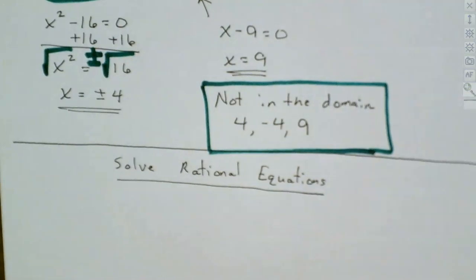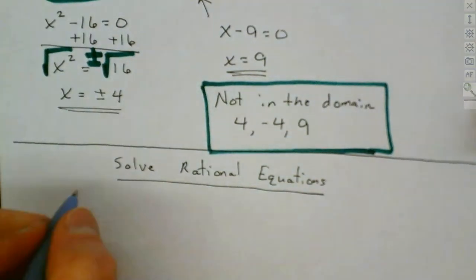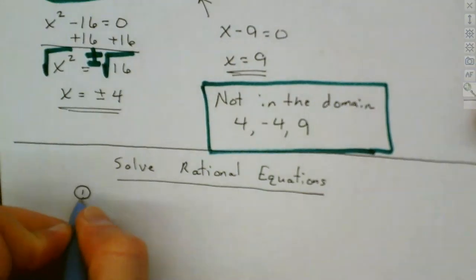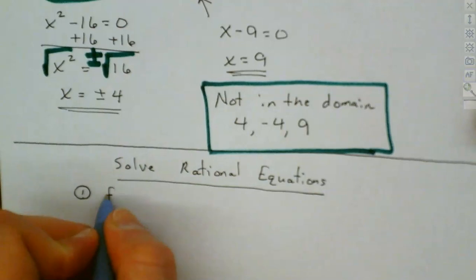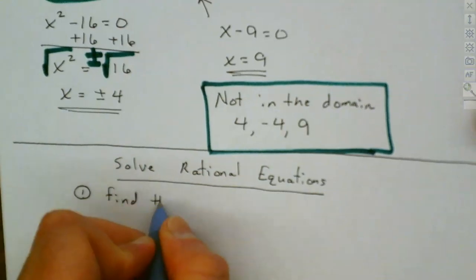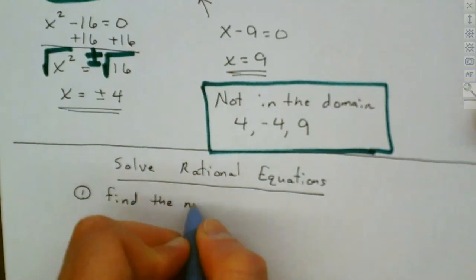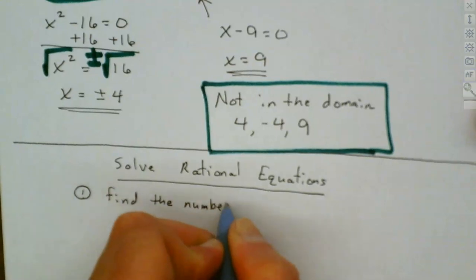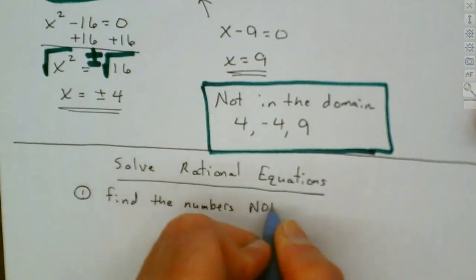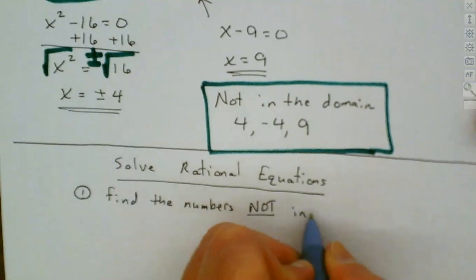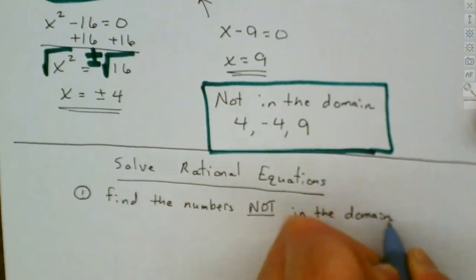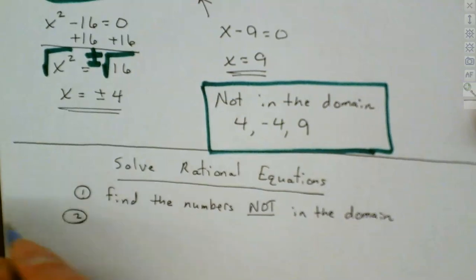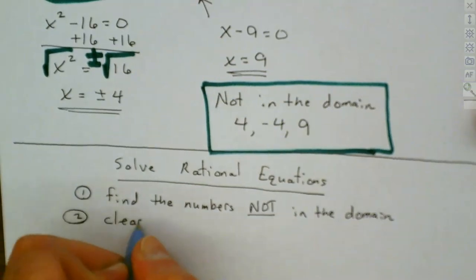And so there is a step-by-step set of directions that we follow. The first thing, these are our fractions. So the first thing we do is we find the numbers not in the domain. Step number 2 is we clear the fractions.